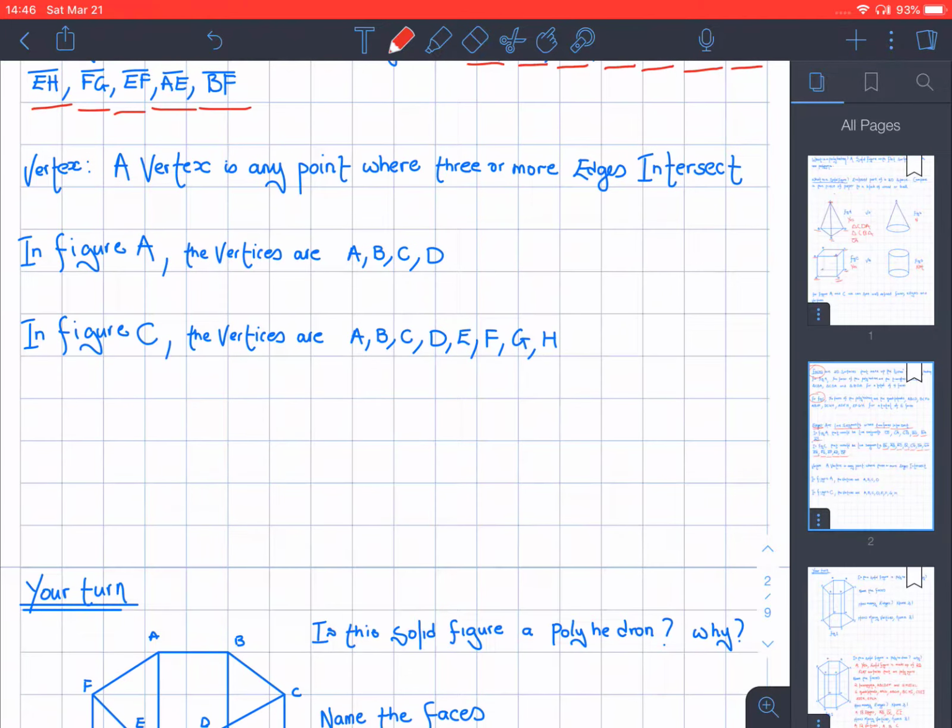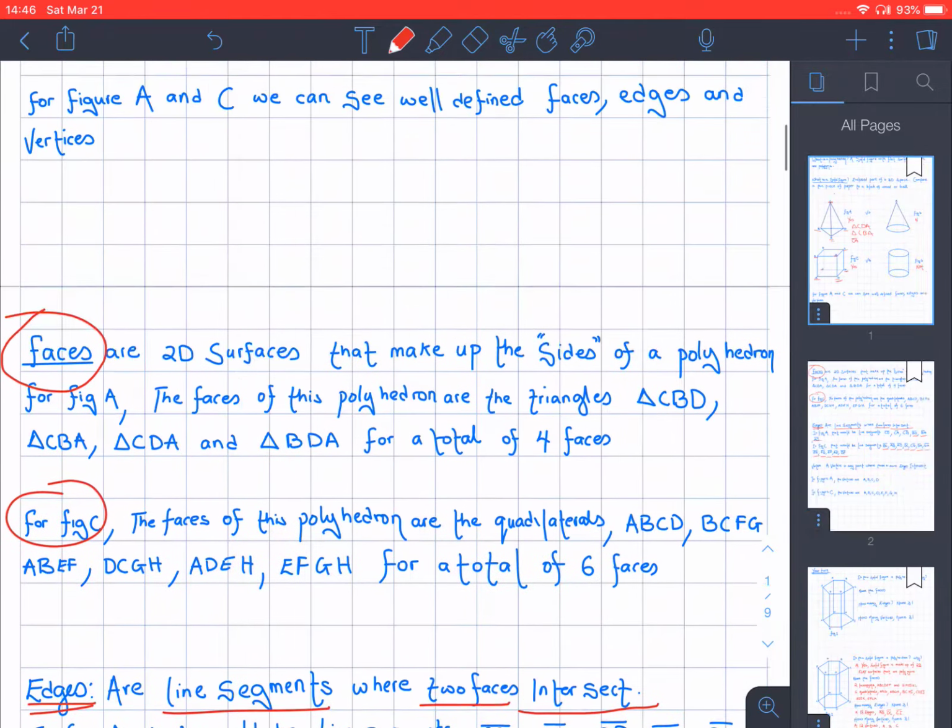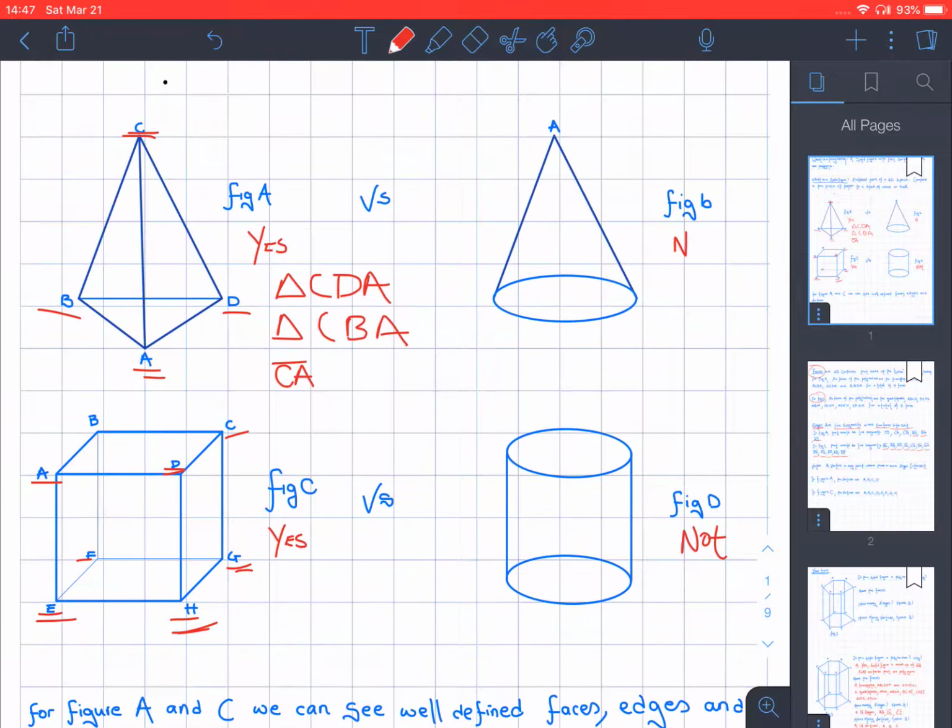Okay, so a vertex is just the tips of a polygon. So if you look at figure A, for example, C is a vertex. It's where edges meet. So edges CD and CB and AC meet at C. So C is a vertex.